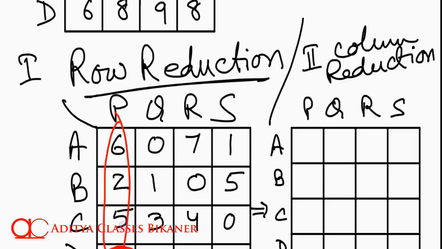So I'll subtract the 0 from each of the elements. What happens when you subtract 0 from each of the elements? Practically we end up with the same values. So 6 minus 0 would be a 6, 2 minus 0 would be a 2, 5 minus 0 would be a 5, 0 minus 0 would be a 0. So ultimately there is no change.